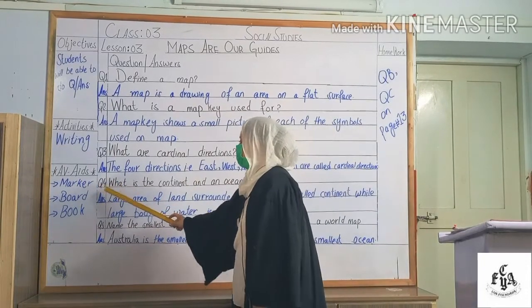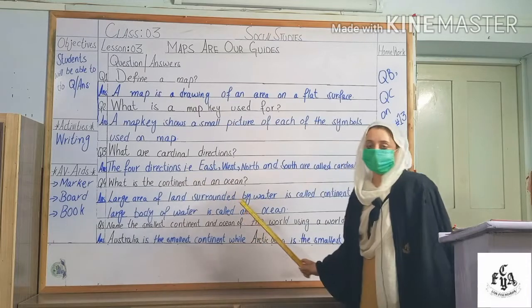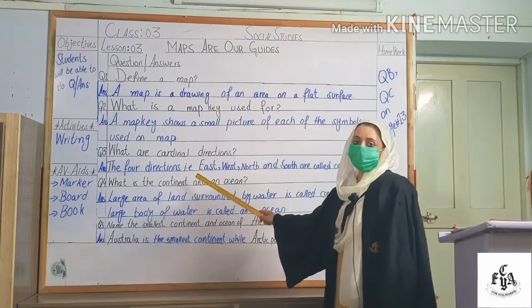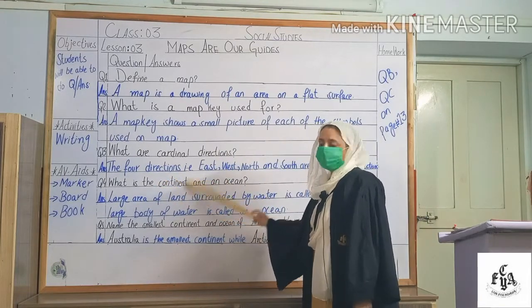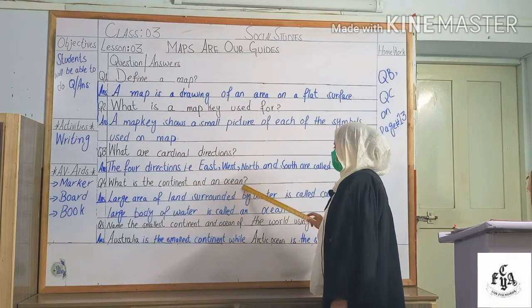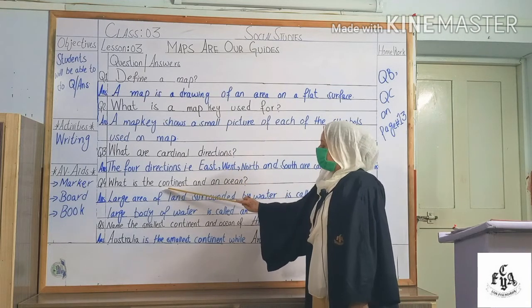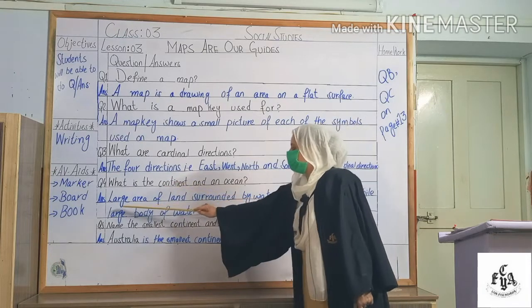Question number 4 is, what is the difference between a continent and an ocean? It means that this question has 2 parts. You will have to tell what is a continent and what is an ocean. So first we are going to explain the answer of the first part, that is continent.